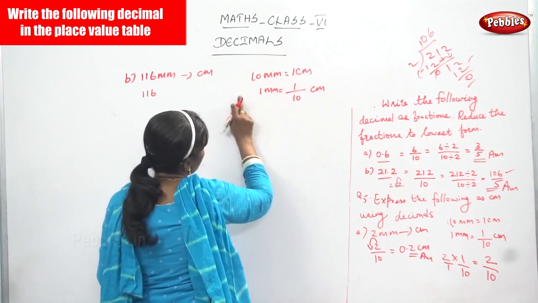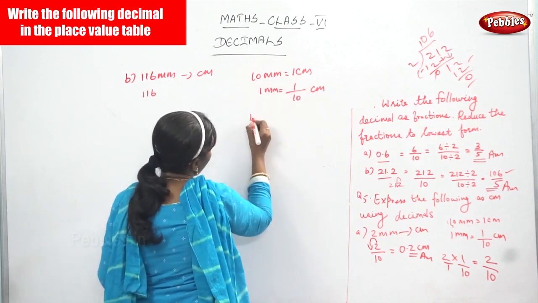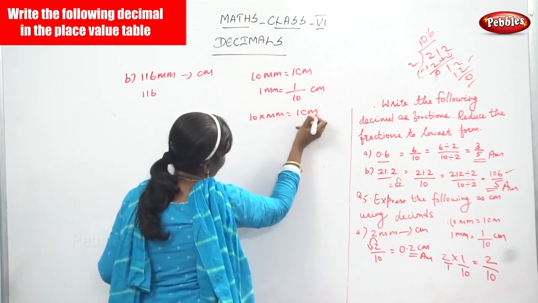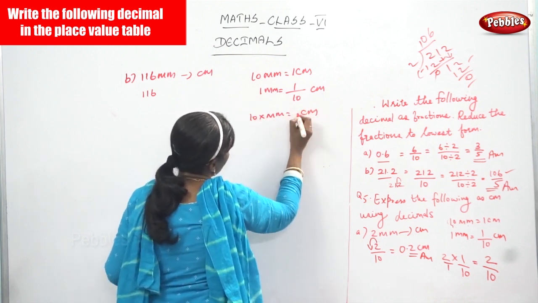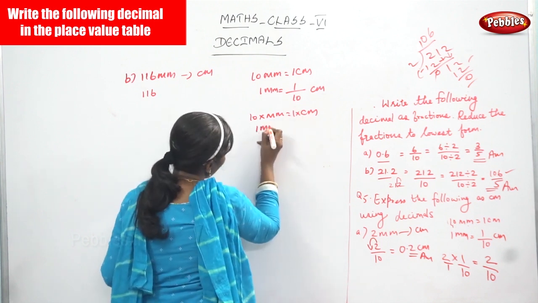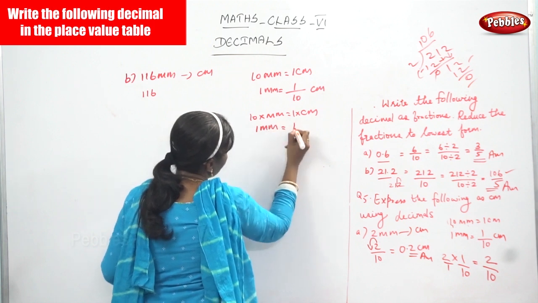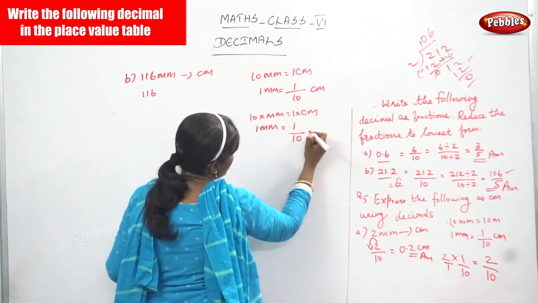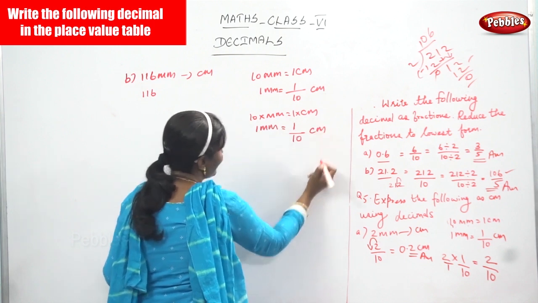So this multiplication 10 goes to the opposite direction. So it becomes division, 1 by 10 centimeter.